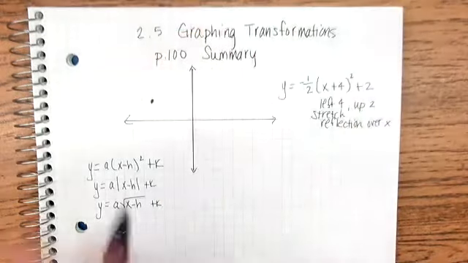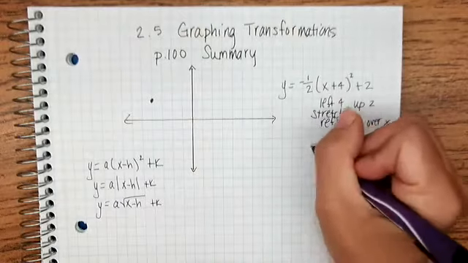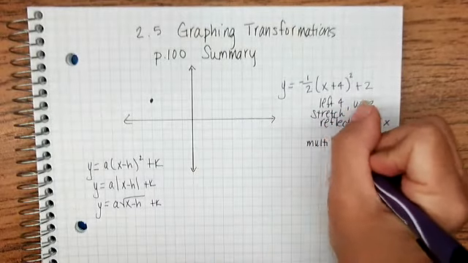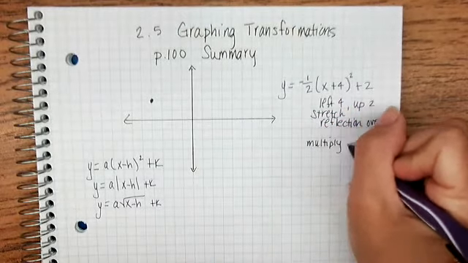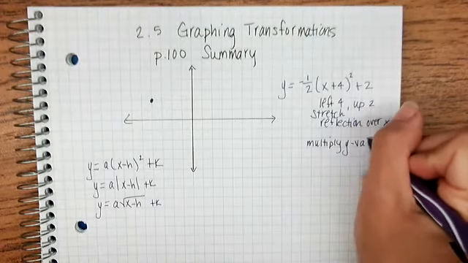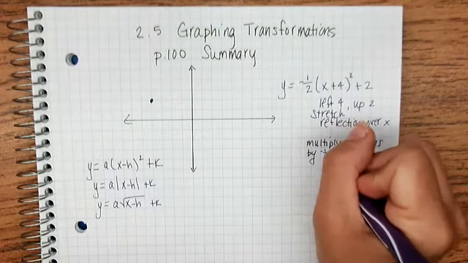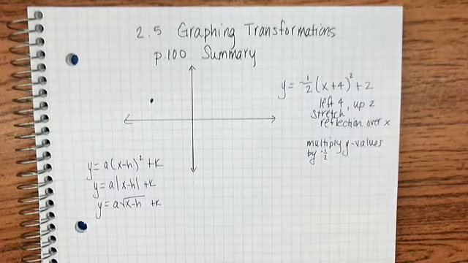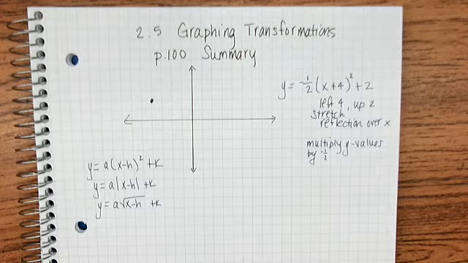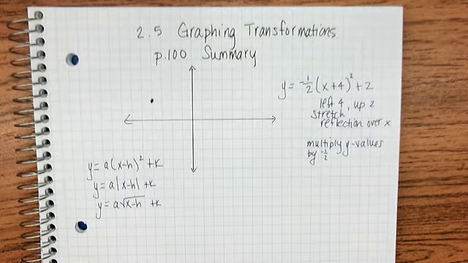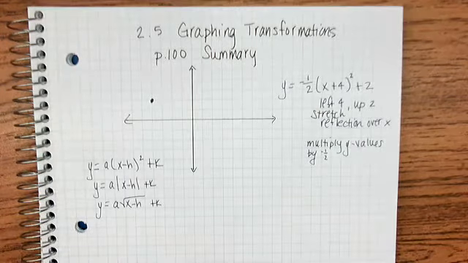I'm going to reflect it over, and I'm going to multiply all my y values by -1/2. If you know your parent points, these graphs are going to be so much easier. What I mean by the parent points, I will just kind of draw in.